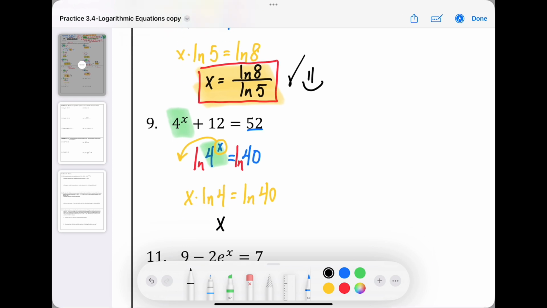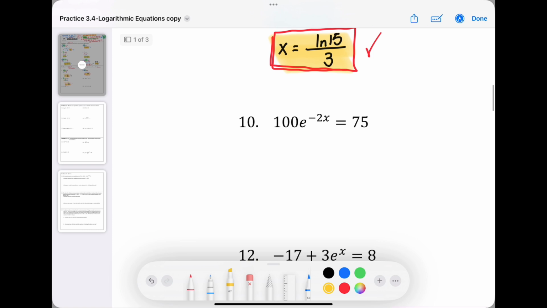Again, I need to solve for x. I'm going to undo times natural log, which means the opposite will be divide. So the final answer will be natural log of 40 divided by natural log of 4. And yes, again, this is a perfect answer, okay?